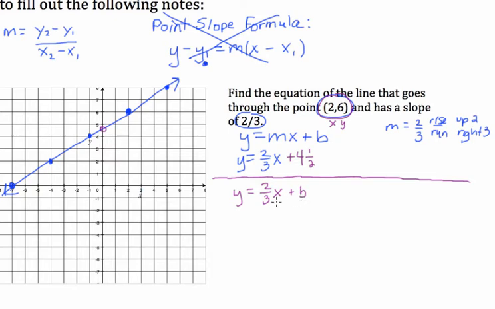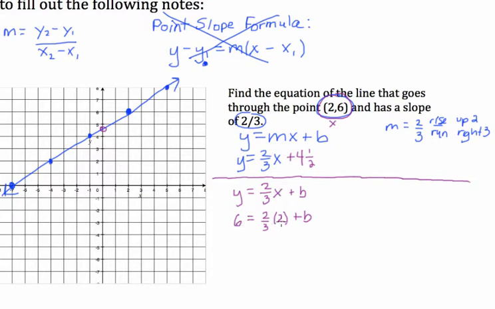I'm going to sub in x is 2, y is 6. I'm not going to leave that 2, 6 in my equation. I'm going to take it back out so that I have y equals mx plus b.